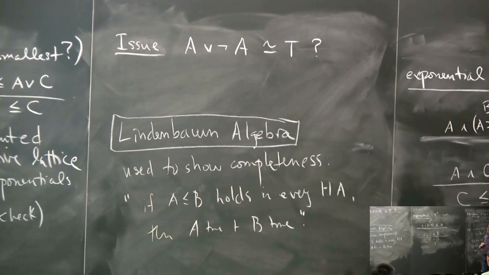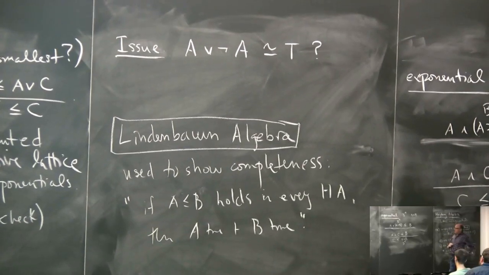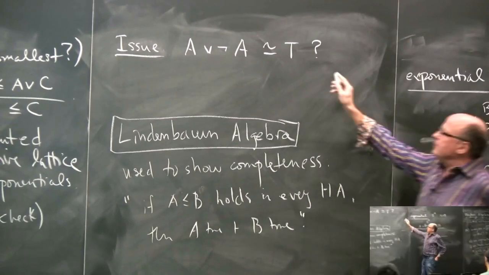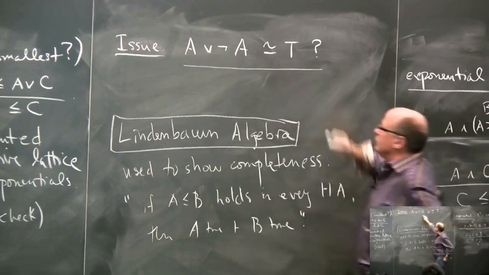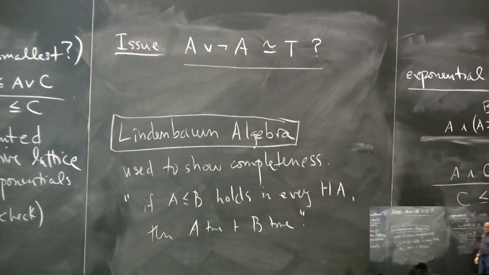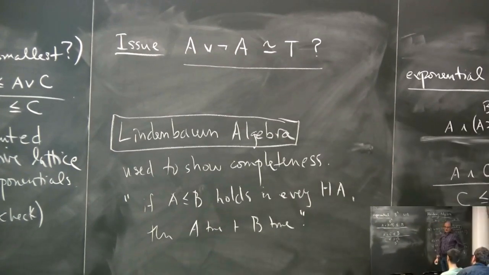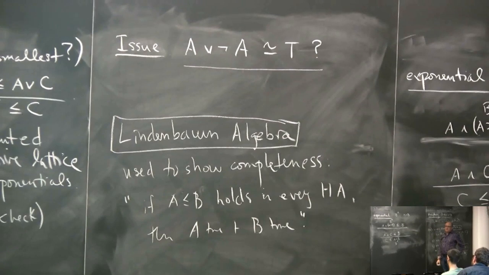It's not going to be complete for Boolean algebras, because in particular, this is true in every Boolean algebra. It's the most boring thing in the world. It's a tautology. But it's not going to be provable in our logic, and I'm going to explain why that's important and why that's a good thing.